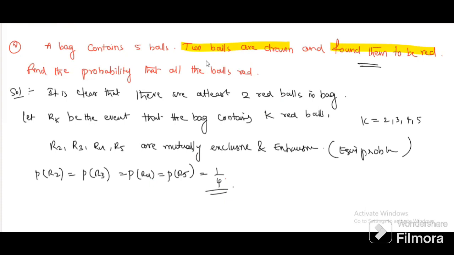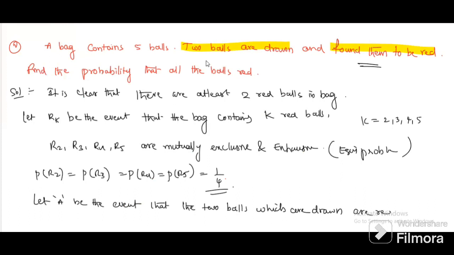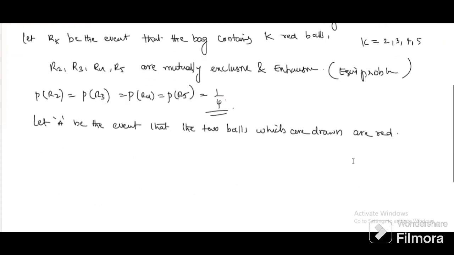Okay, so let A be the event that the 2 balls which are drawn are red. So we know that we have already drawn the 2 red balls.